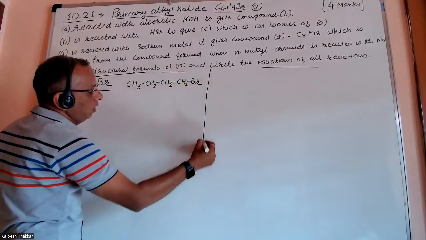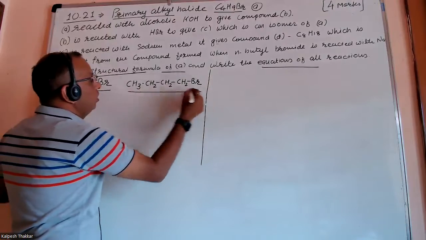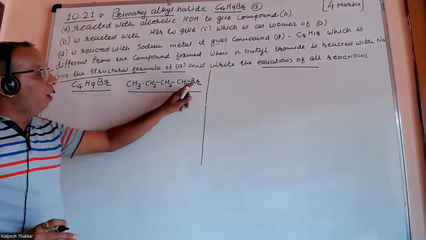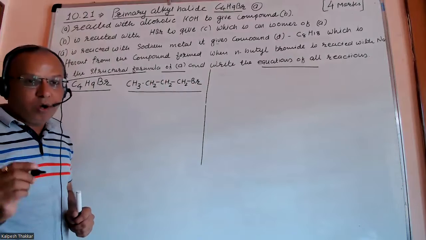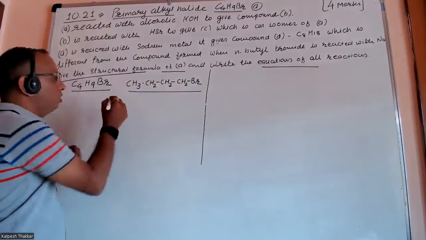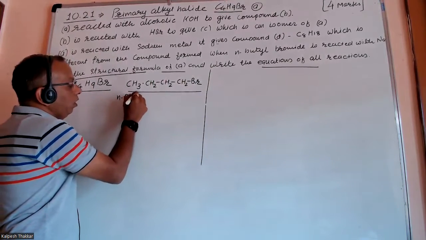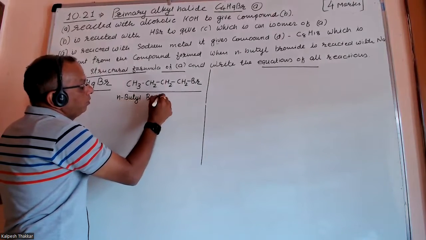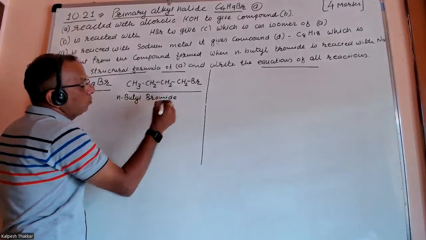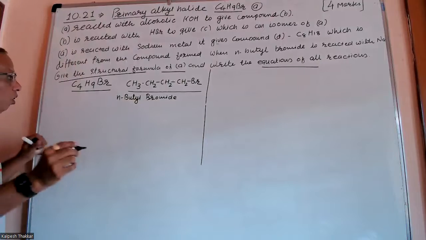This is the first one, the simple 1-bromobutane, or its common name is n-butyl bromide. So this is the first possible option of A.